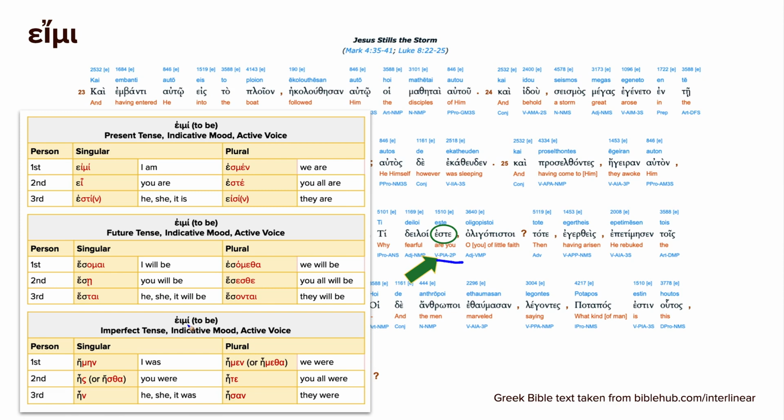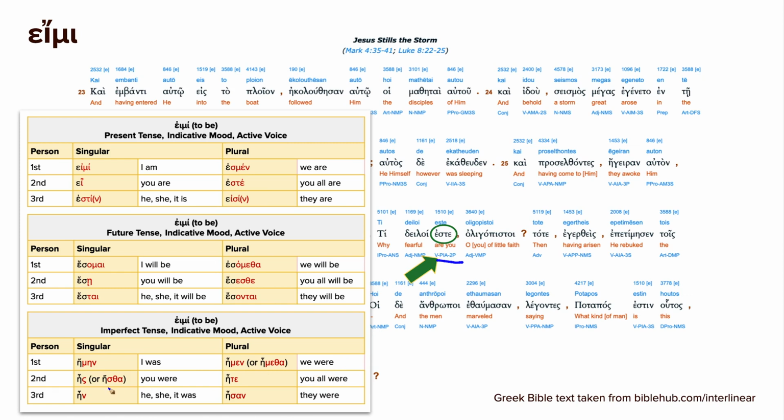Now, there is no aorist tense of eimi because the idea of being or to be is not something that happens in a particular moment in time. It's generally an ongoing thing. That's the way I remember it. So usually we'll use this imperfect tense when you're talking about the past. So we have emen, I was. Emetha, we were.